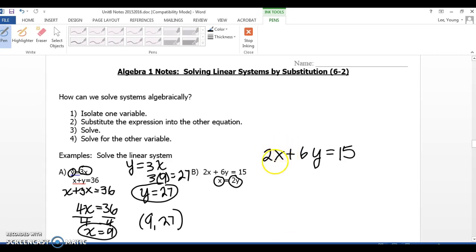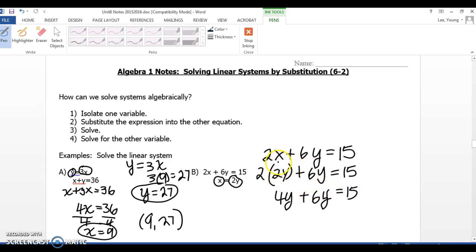I'm going to replace this x with 2y. Always when I substitute, I put parentheses, and then I bring down the rest as they are. So 2(2y) plus 6y equals 15. 2 times 2y is 4y, plus 6y equals 15.